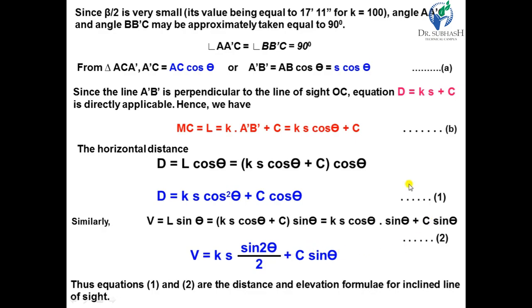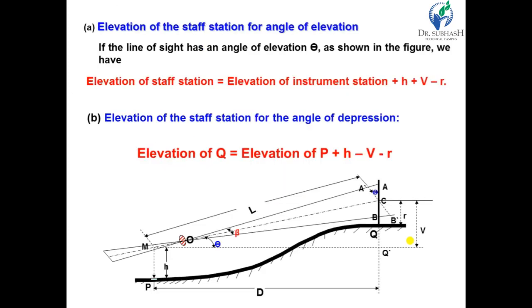So from equations 1 and 2, we can derive the distance and elevation by using the field book data. Now in the next case, elevation of the staff station for angle of elevation, and the second case is the elevation of the staff station for the angle of depression.